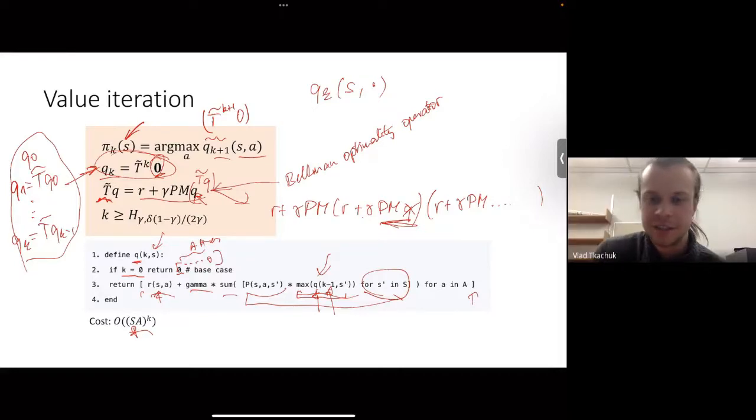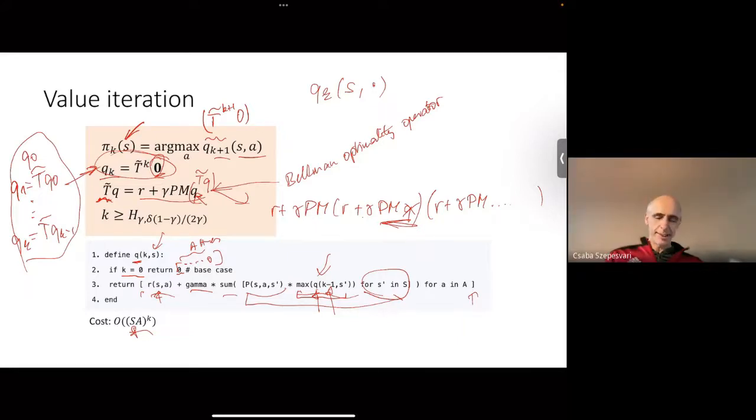Yeah, I get it, it's really the memoization that allows you to avoid this exponential term, right? Yeah, I think this is a very good talking point.